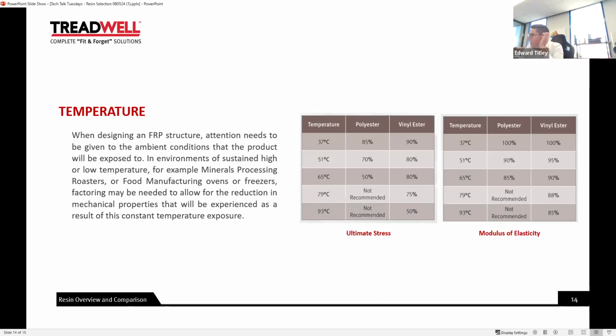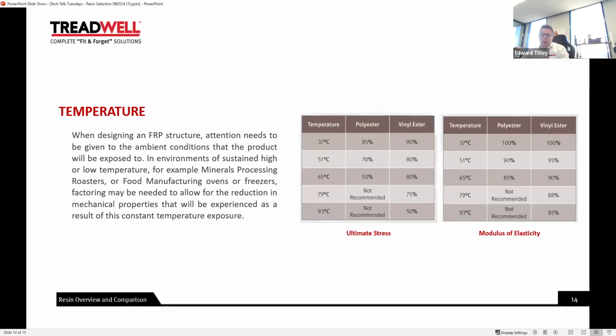Once again, we can see the same with the E value. At 37 degrees, both products are at 100%. At 65 degrees, we see that polyester is back to 85% of the original value. Vinyl ester is at 90%. And once again, at 79, 80, and 93 degrees, polyester is not recommended for use in those situations, and vinyl ester is at 88 and 85% respectively.